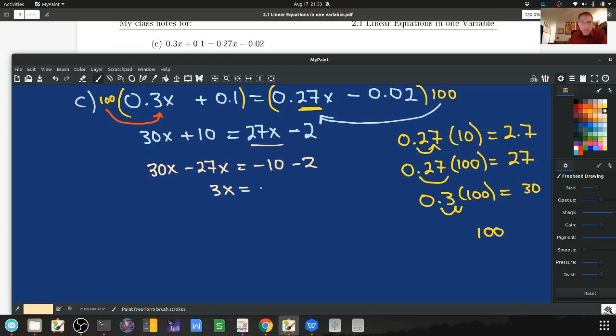And minus 10 minus 2 is minus 12. So now I'm going to go ahead and divide both sides by 3. And I'm going to get x is equal to minus 12 thirds, which you can write this way. But 12 thirds can be simplified to minus 4. So x is equal to minus 4.